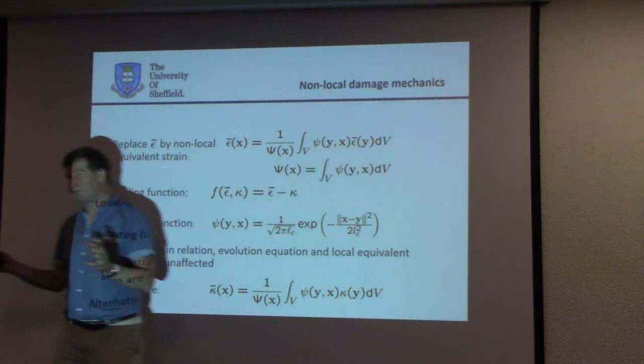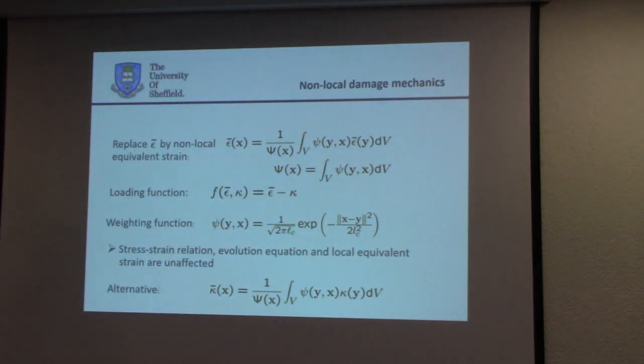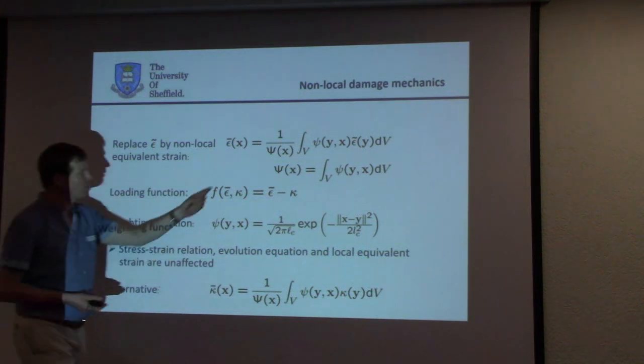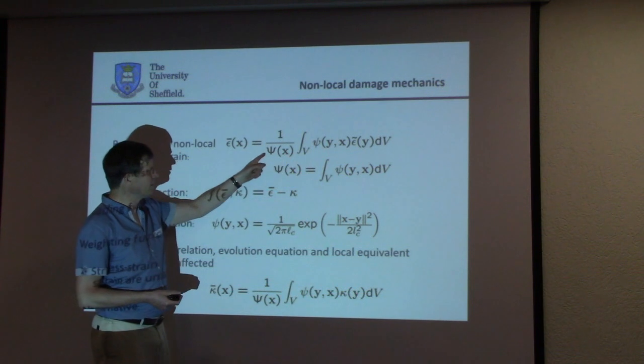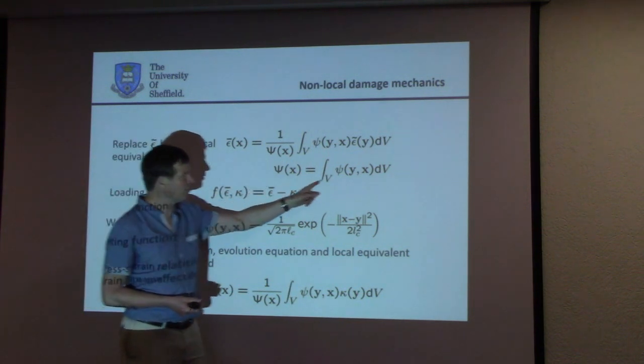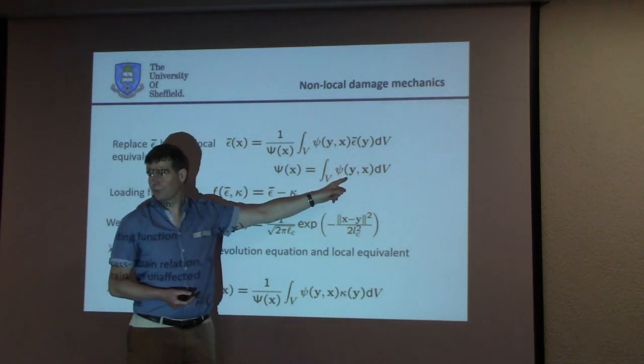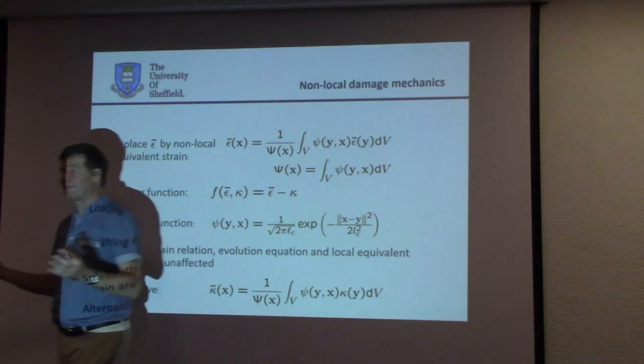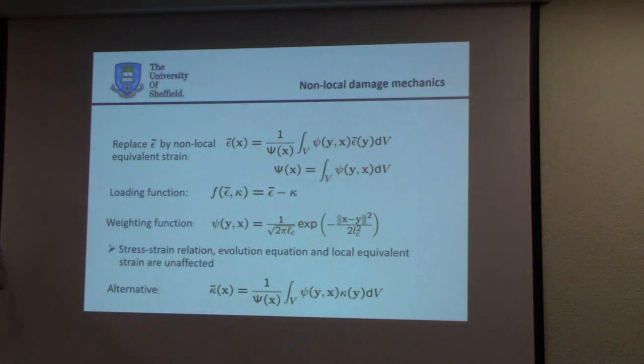I mean, obviously, nearby strains are more important than far away strains, and you can use a Green's function, you can use a Gaussian function, a triangle function, whatever. You have to normalize it by the integral of the weighting function, of course, in order to get back the strain, in order that you don't increase the strain.